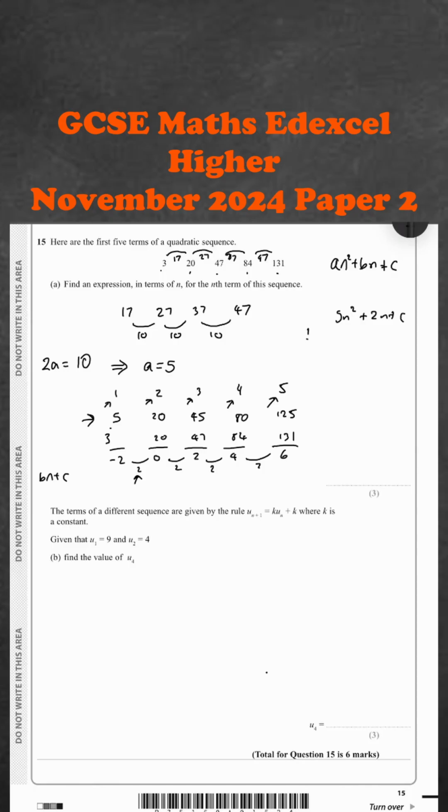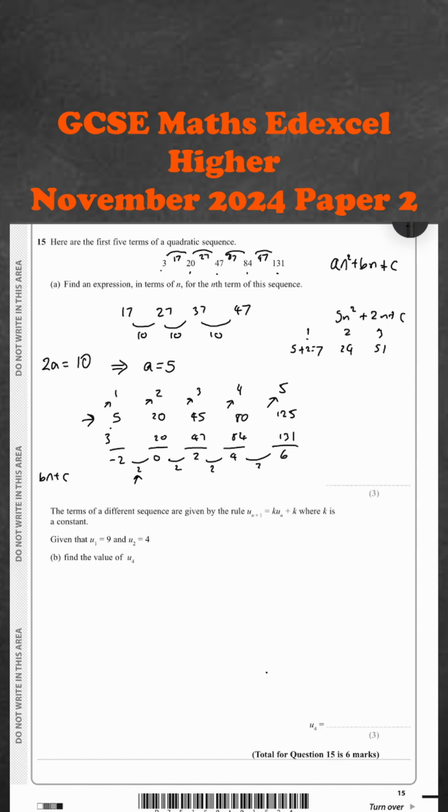For 1, we have 5 lots of n squared, which is 5, plus 2 lots of 1, which is 2, giving us 7. For the second term, we have 2 squared is 4, 5 lots of that is 20, plus 2 times 2, so 24. 3 squared is 9 times 5 is 45, plus the 6 is 51, we'll stop there.